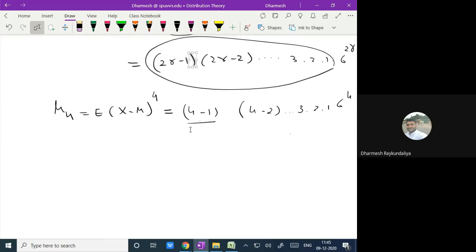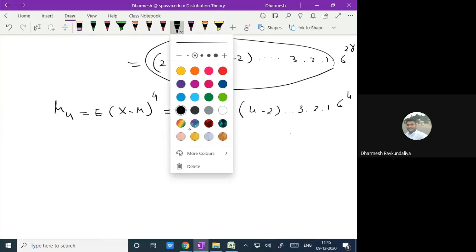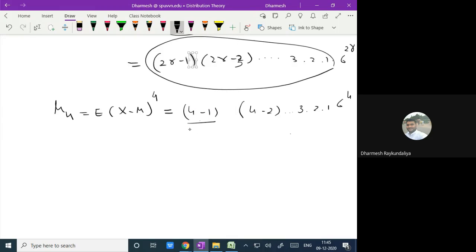It is not the 4 minus 2, it is 4 minus 3, so that is 3 into 1 into sigma square, sigma raised to 4. So the answer is 3 sigma 4.